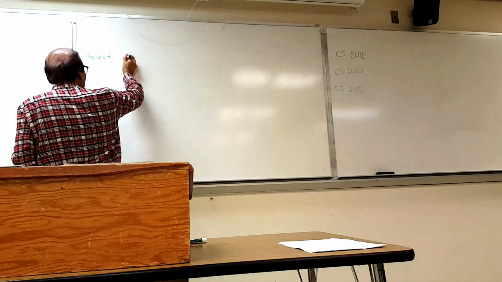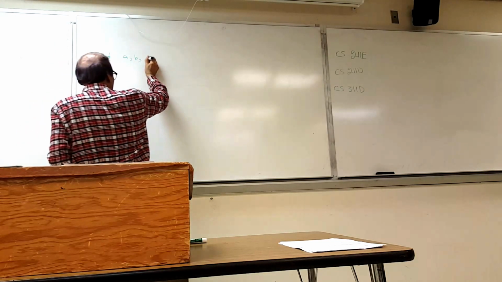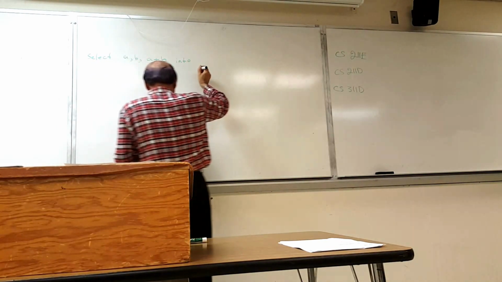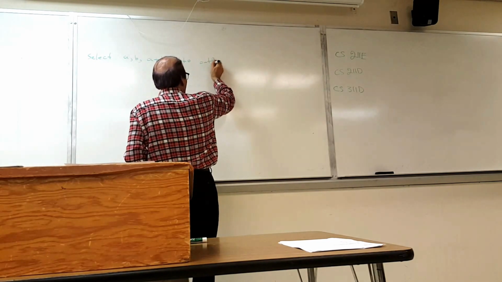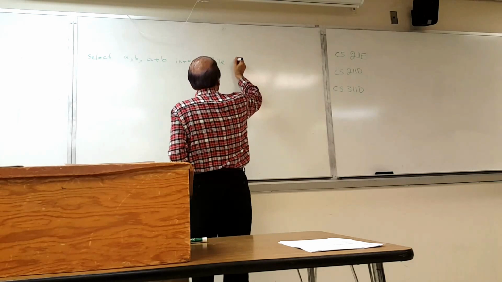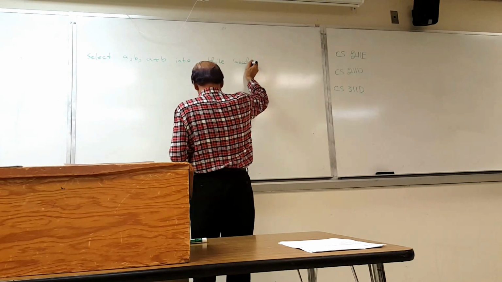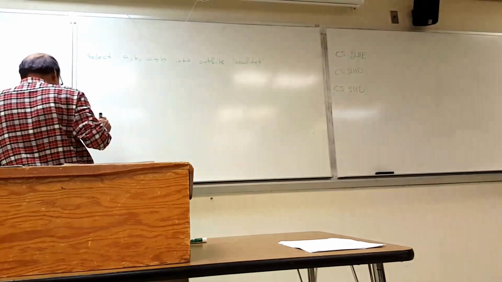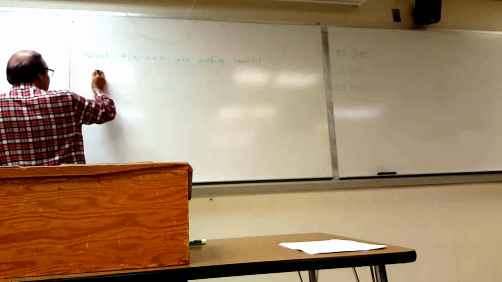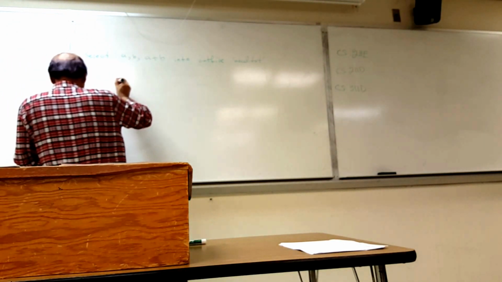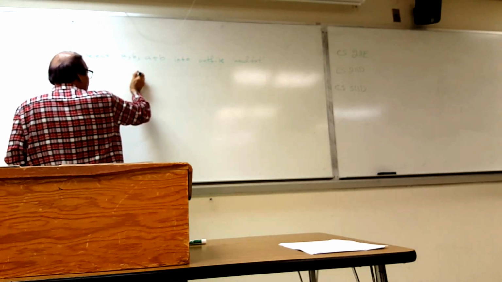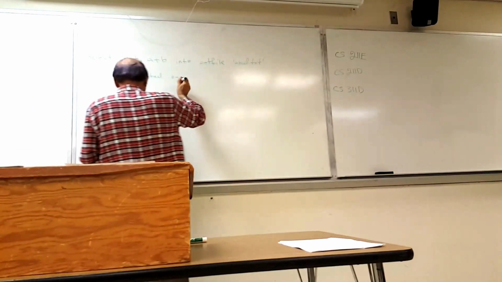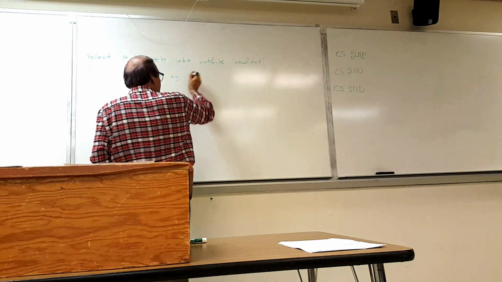SELECT A, comma, B, comma, A plus B INTO OUTFILE ABCD.txt. Okay. FIELDS TERMINATED BY comma.